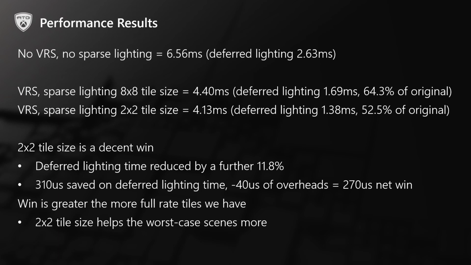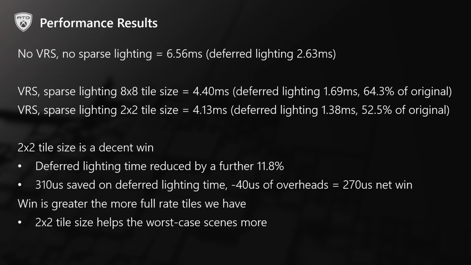Now if we turn VRS on and we turn sparse lighting on and we're lighting with the 8x8 tile size, this time drops significantly, down from 6.5 milliseconds to 4.4, of which the deferred lighting time was 1.69. So our deferred lighting has dropped to 64% of the original deferred lighting time.